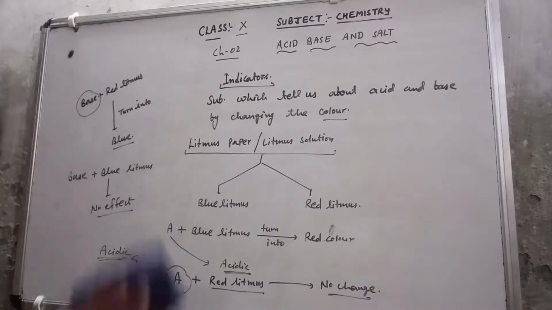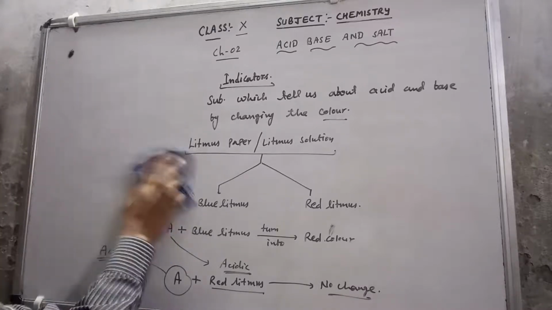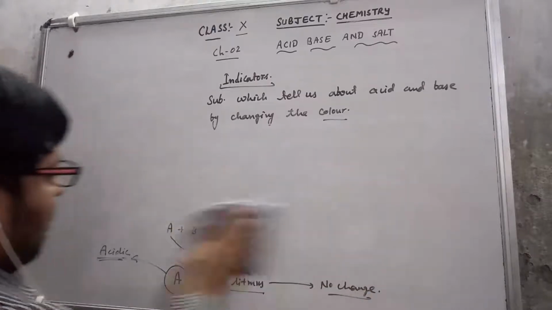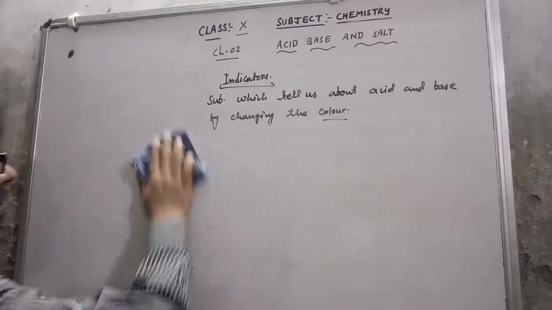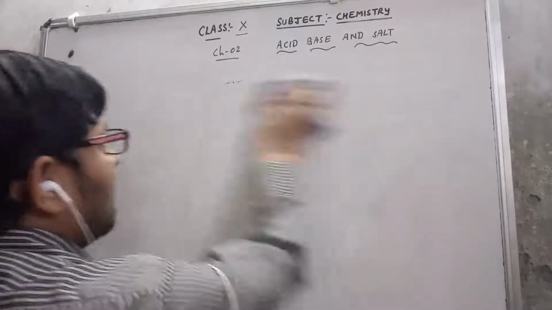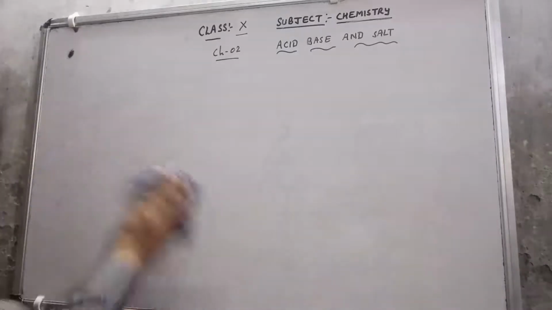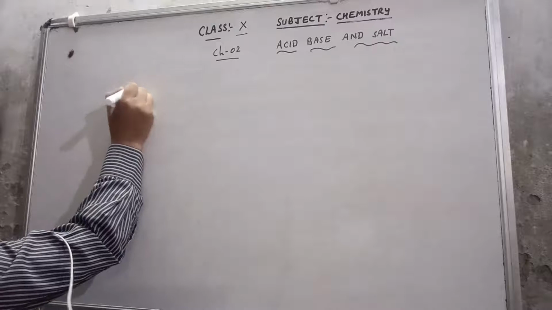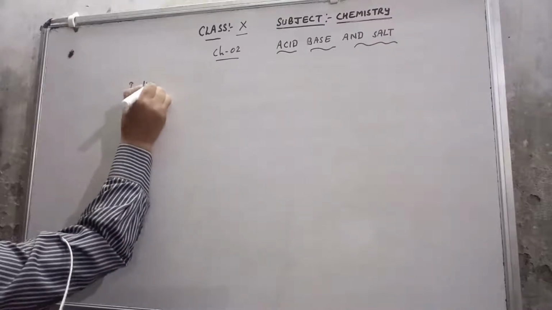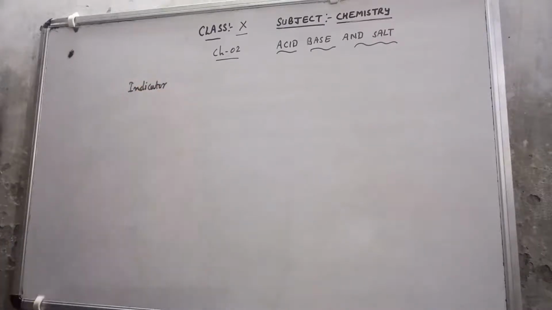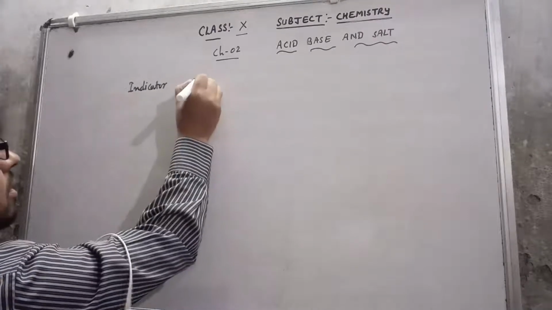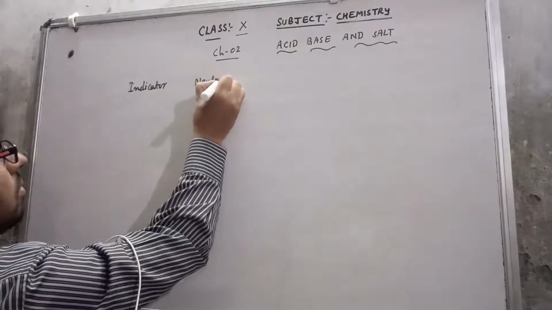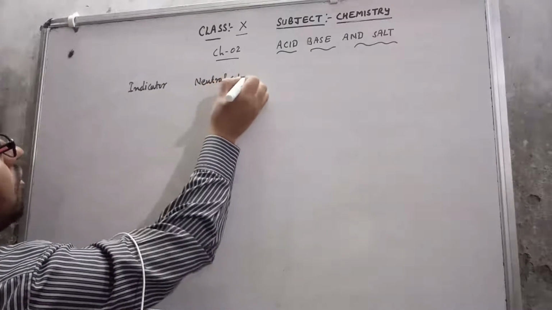I am making one chart here. With the help of this chart you can easily understand more indicators, and they are important also. They can ask in the exam for 1 mark. On one side I have taken the indicator. On the second side I am taking the neutral color of the indicator.